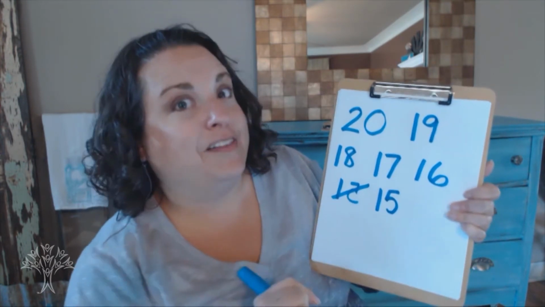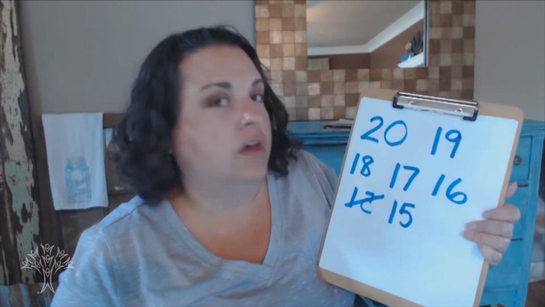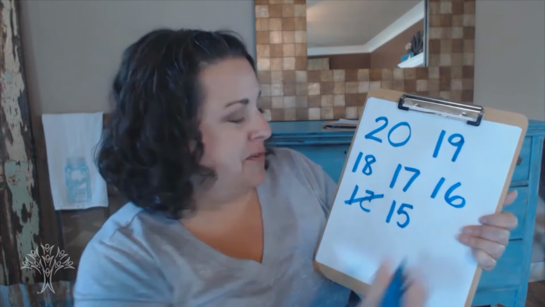15. That looks better. I wrote 15. It's your turn. Go ahead and write 15. What number is 1 less than 15? Or I could say, what number comes before 15? You're right, 14.